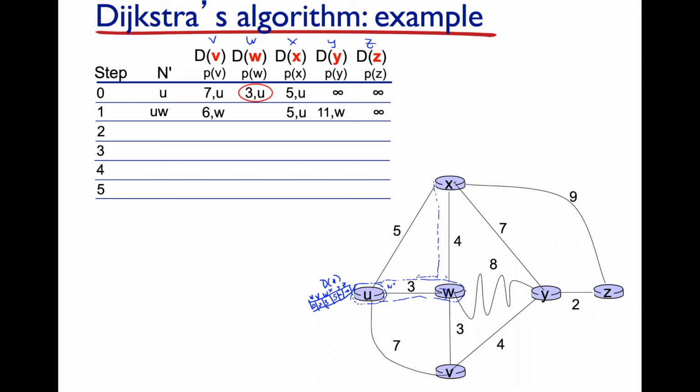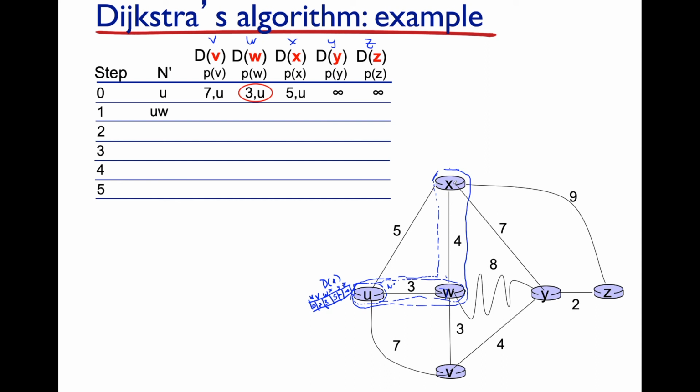This terrifying blob now encompasses U, W, and it just now swallowed our node X. Okay, so now that we swallowed our node X, we're going to consider X's 4 neighbors. U is a neighbor of X, W is a neighbor of X, Y is a neighbor of X, and Z is a neighbor of X.